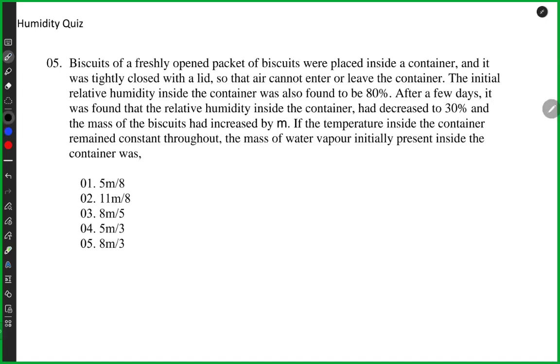Okay, it's a very simple question. Initially we have 80% relative humidity, with the biscuits kept inside.